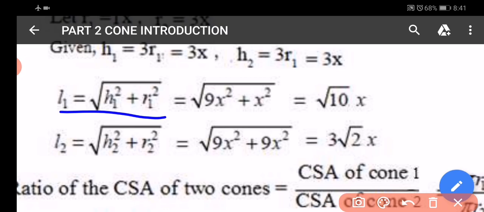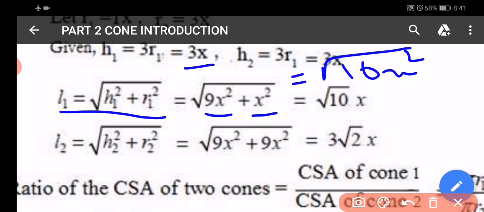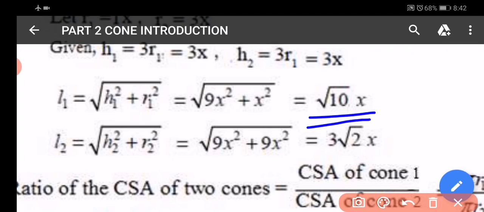So h1 is 3x, h1 squared is 9x squared, r1 is x. Therefore 9x squared plus x squared equal to root 10x squared. Now taking the square root of x squared, we get x. Therefore L1 equal to root 10 into x, not root 10x. So root 10 into x.